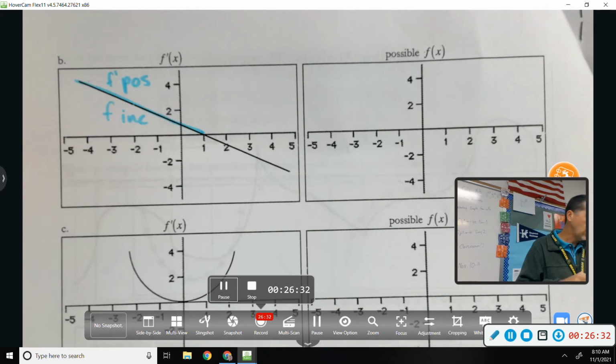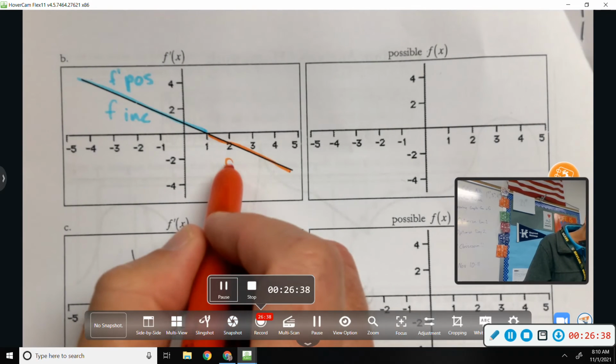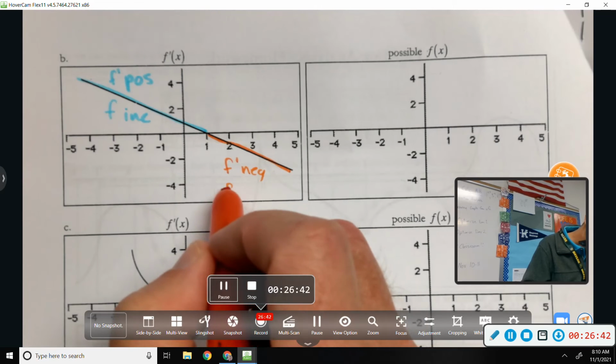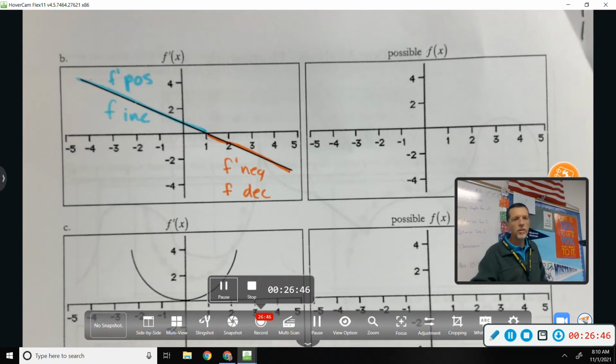F is increasing. What would you say about f prime over here? It's negative. What does that say about f? Decreasing. So we go from increasing to decreasing. F goes from increasing to decreasing.